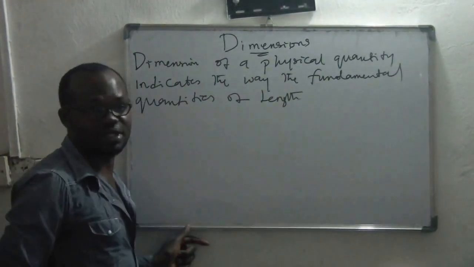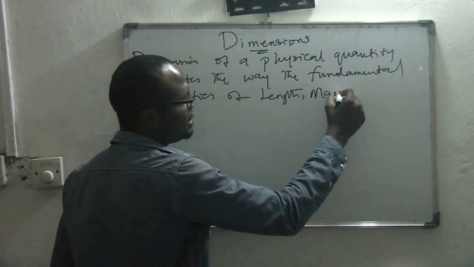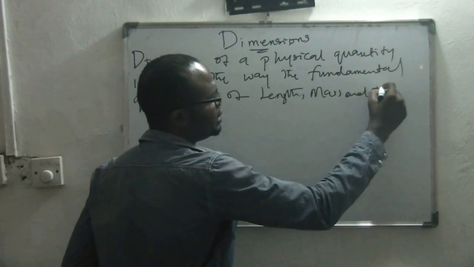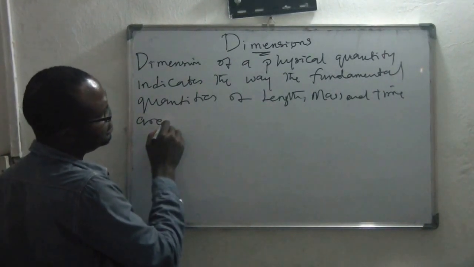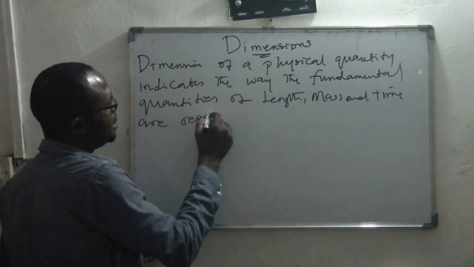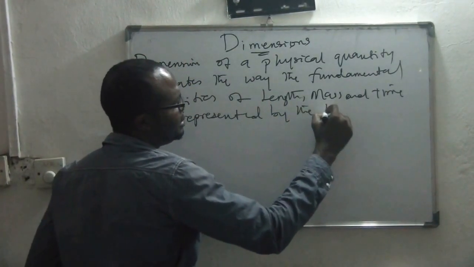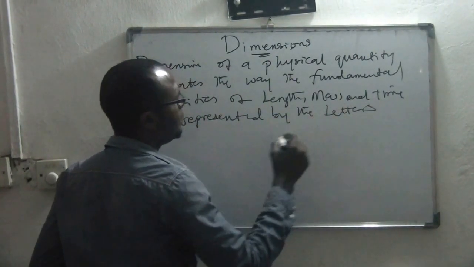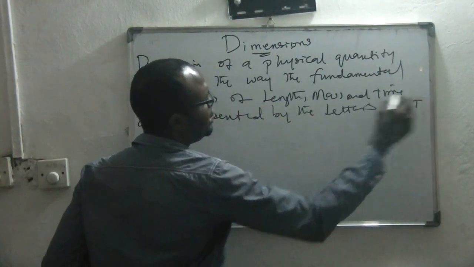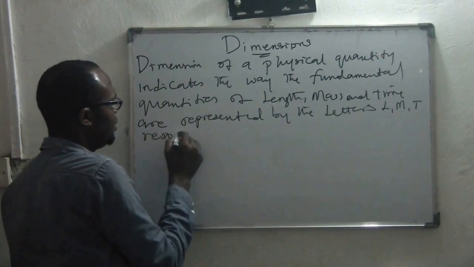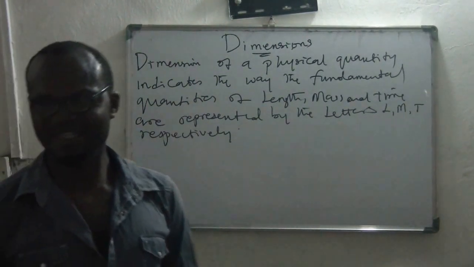Those are the fundamental quantities of physics from the last lectures we had. We have length, mass, and time, represented by the letters L, M, and T respectively. Is that clear?